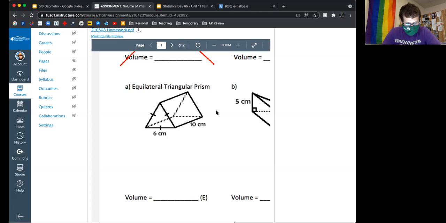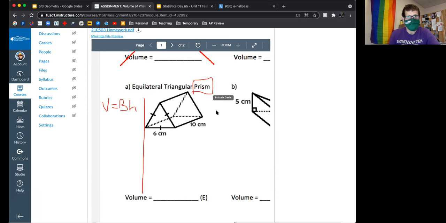All right, so if we're starting, how I always recommend we start, and maybe I'll separate this into 2 different parts. So over here on the left is going to be my volume calculation, which is the area of the base times the height. Once I know it's a prism, then I can use that formula. There will be a different formula for other types of solids, but if it's a prism, that's my formula.